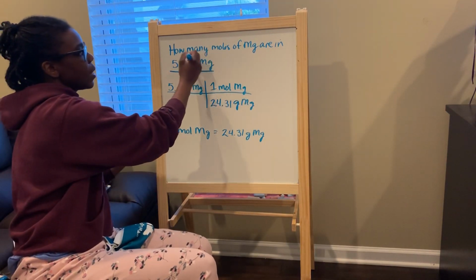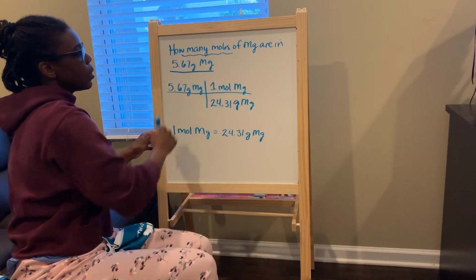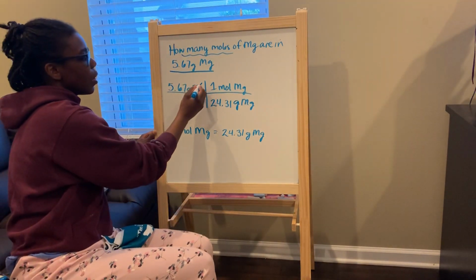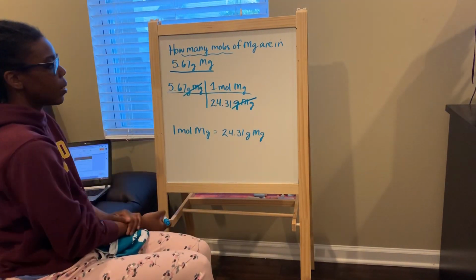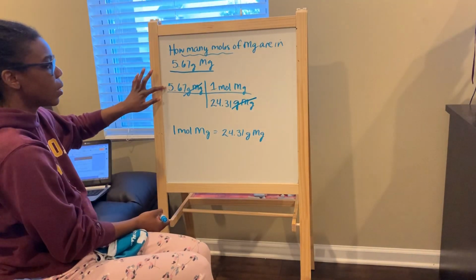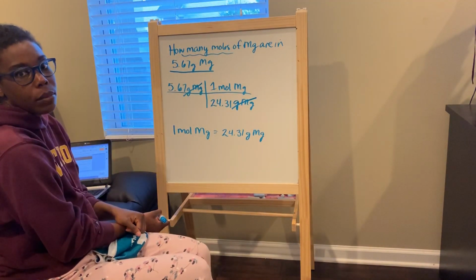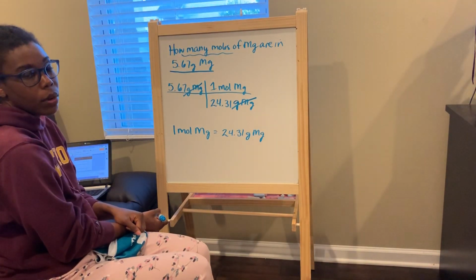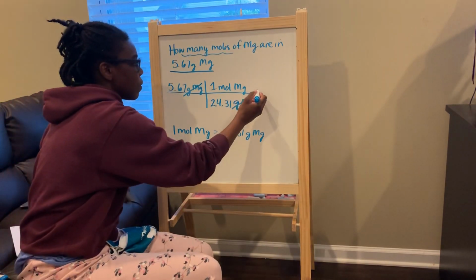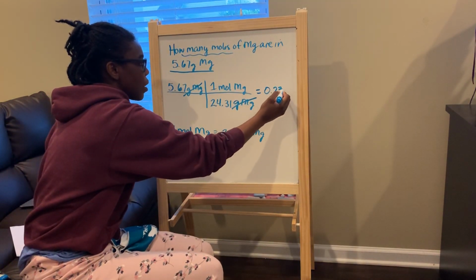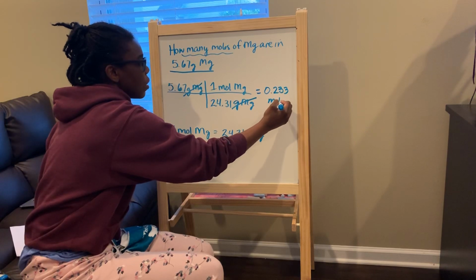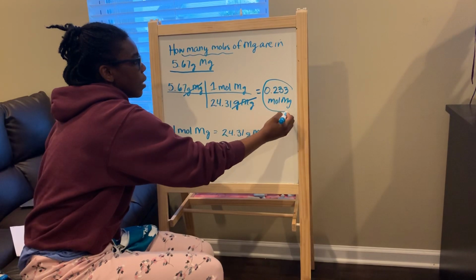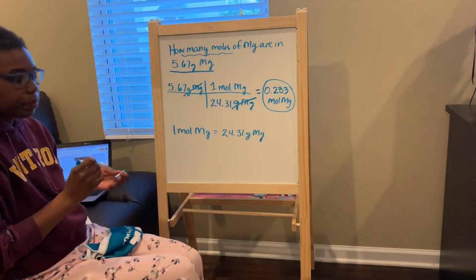Since the question was asking how many moles, we should have our answer in moles. We'll cancel our grams because we have grams both on the top and on the bottom. Then since one number is on the top and the second number is on the bottom, we divide them. So 5.67 divided by 24.31 gives us 0.233 moles of magnesium. And that is our final answer.